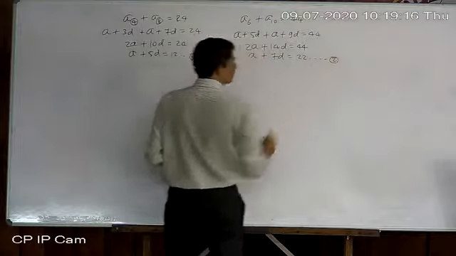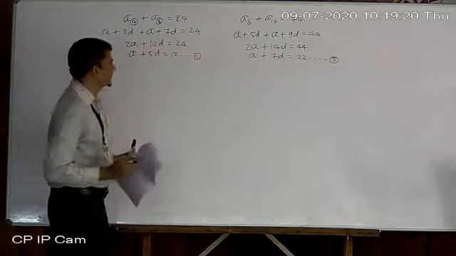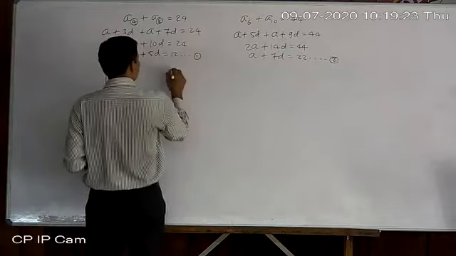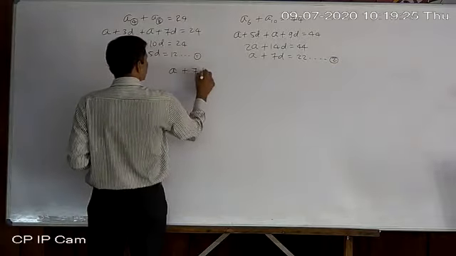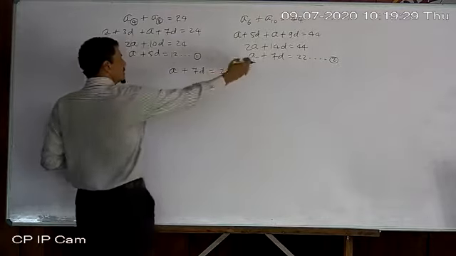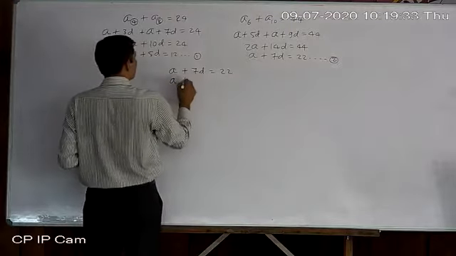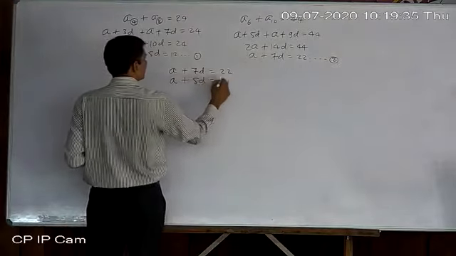Equation number 2. Now just like previous sums, solve both equations. So I write the bigger equation first. That is not a rule, but I usually write the bigger equation, the bigger coefficient, first: A plus 7D equal to 22, and then A plus 5D equal to 12.